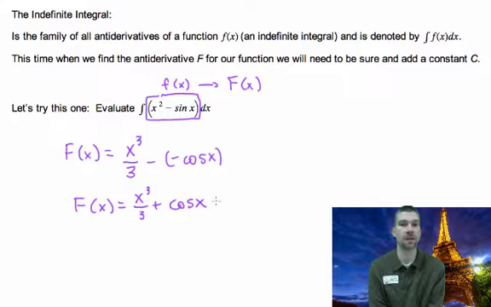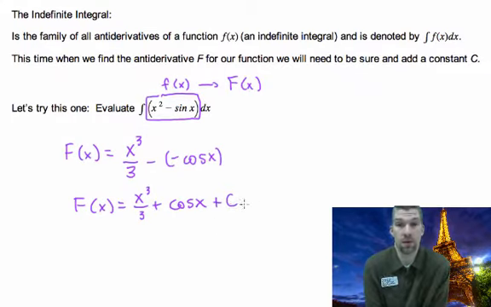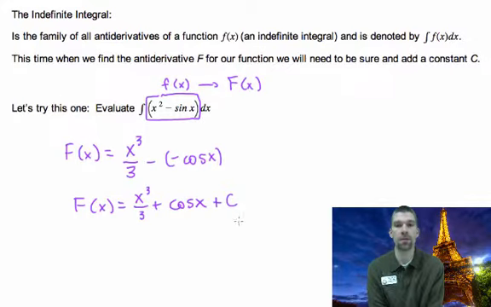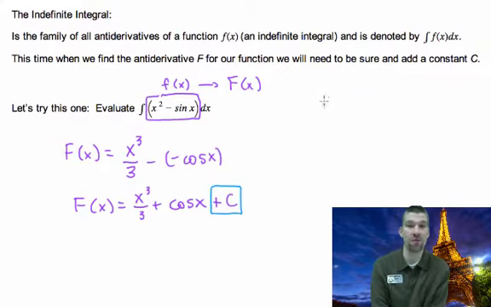To talk about that constant, we just say c. It could be 5, it could be negative 2 million, it could be 363,000. Who knows? But remember, the derivative of a constant is always going to be 0. So it doesn't matter what constant we put in its place. It just matters that we have one.